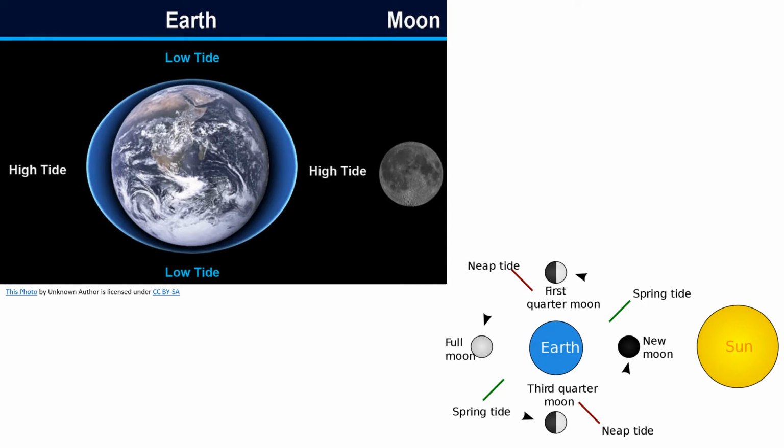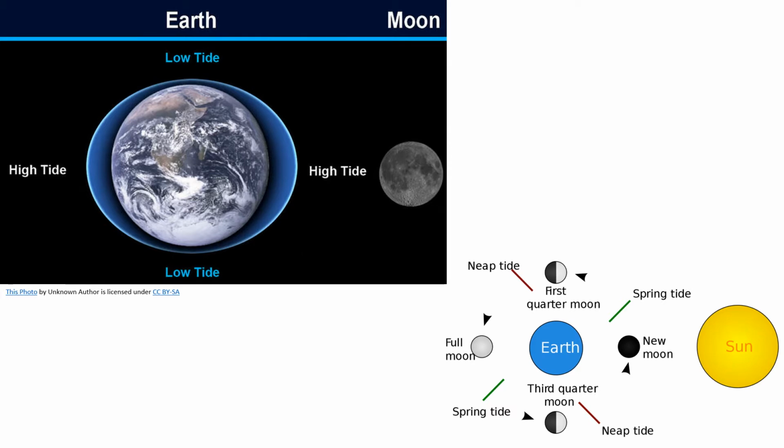So if you take a look at these diagrams, the left shows you the difference between high tide and low tide. Notice that the moon is there, and it's literally pulling somewhat the water away from the solid part of the Earth. Now, it happens also on the opposite side of the Earth, due to the sun also pulling as well, and so you get high tides and you get low tides mostly at the north and south poles.